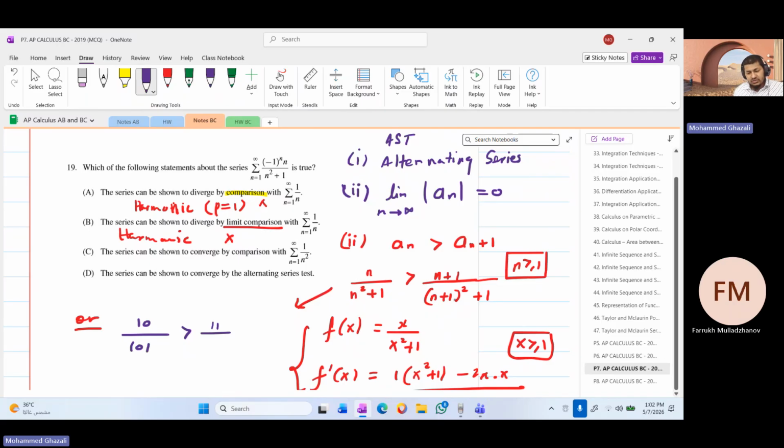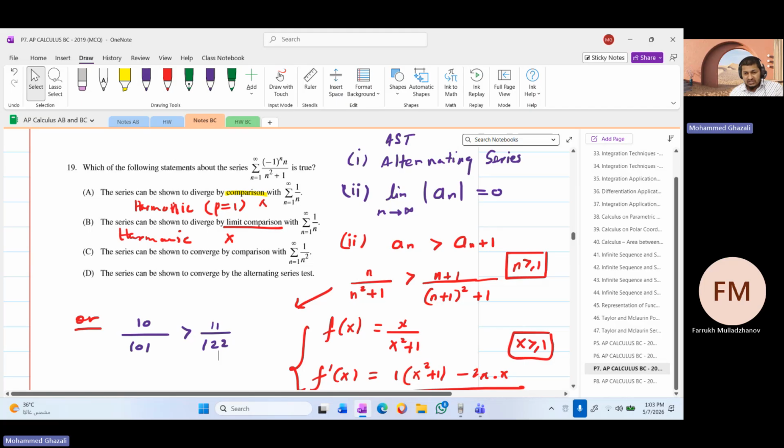We're saying 10 plus 1, 122? Because that's 121 plus 1. Yes, it is greater. Okay? Because you can see getting 10 out of 101 on the quiz is better than getting 11 out of 122. Isn't it? So you can say that the previous terms are basically bigger than the next terms.